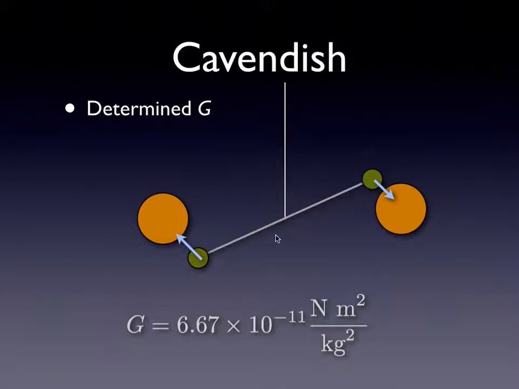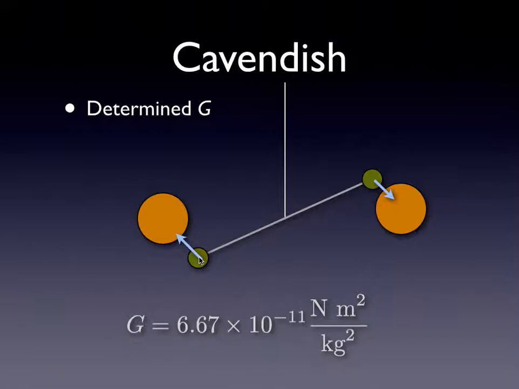Since it's supported by a wire in the middle, any small little push on the side will get it to twist. And the more it twists, the greater the torsion in the wire that prevents it from twisting. So what you do is you take these larger masses, put one right there and one right there. And then since these both have mass, there's a gravitational interaction between these two. But it's very, very small.